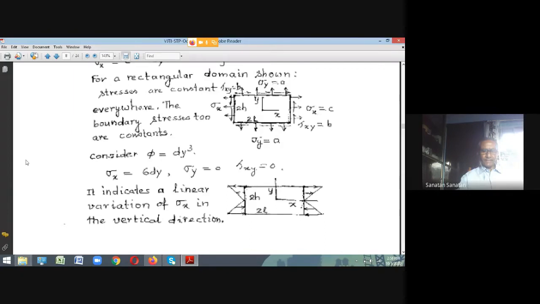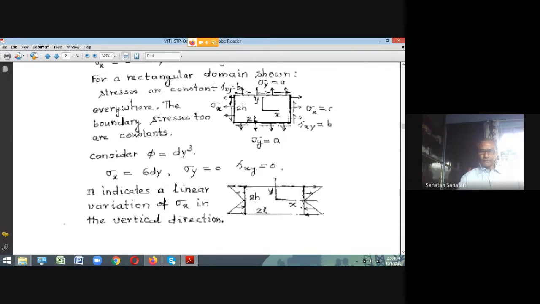It gives a state wherein sigma x everywhere is c, sigma y everywhere is a, and tau xy is minus b, depending on the value of b. So the boundary stresses are like this. The constants in the polynomial indicate the state in the body, everywhere it is like this.